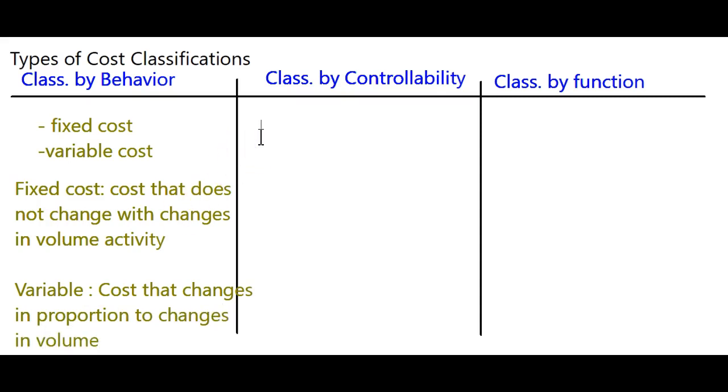Those are the two costs we have if we're classifying by behavior. I'll open another window to show you what that would look like on a graph, just in case that is beneficial.